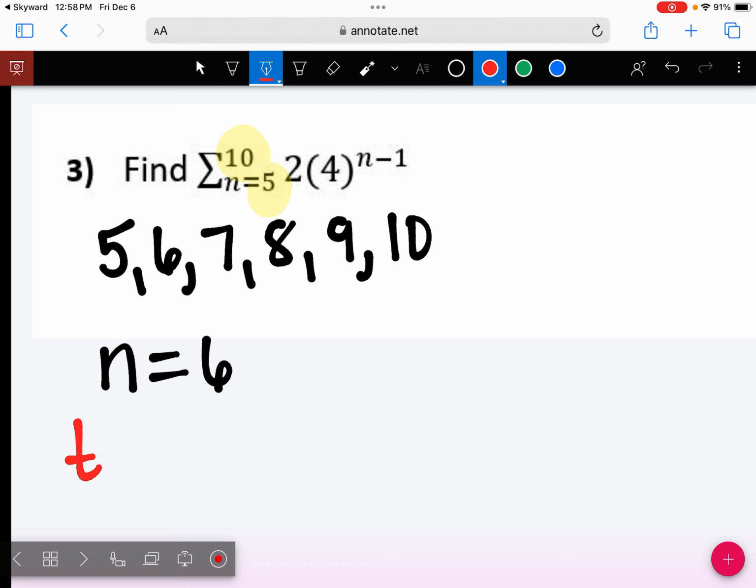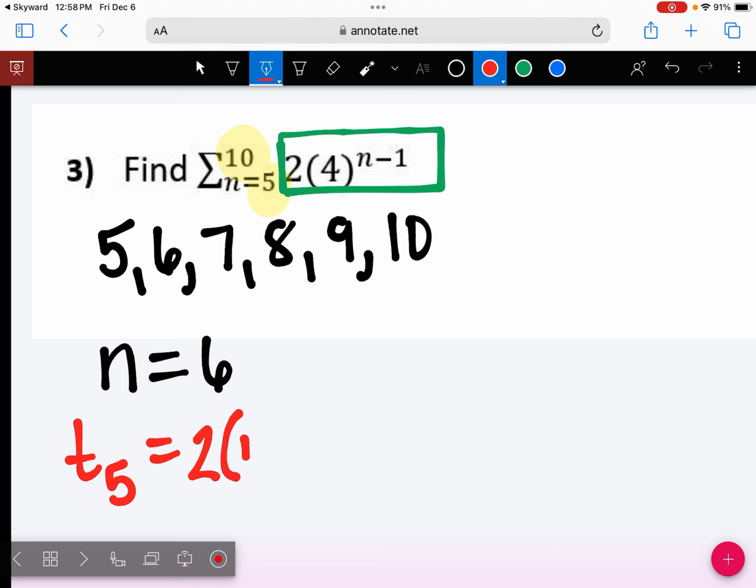I need to know T5 because that's the first term that I'm going to add. So we're going to use this rule right here to find T5. What you see in that green box, that's my rule. So in your calculator, you're going to take 2 times 4 to the power of 5 minus 1. And that's going to tell us T5.